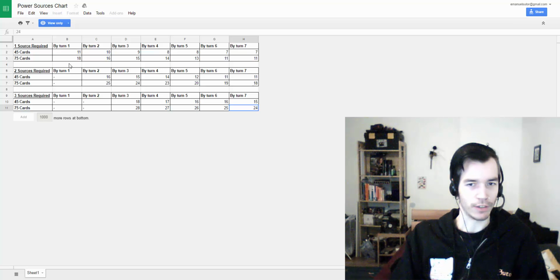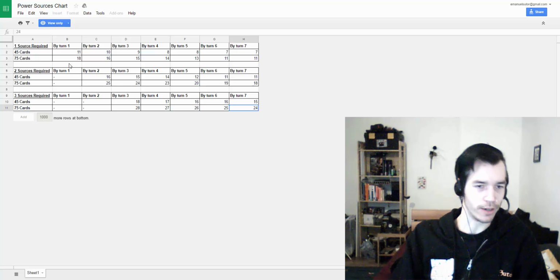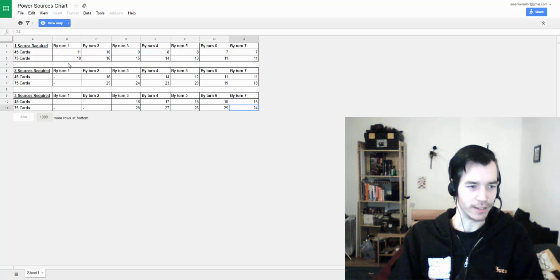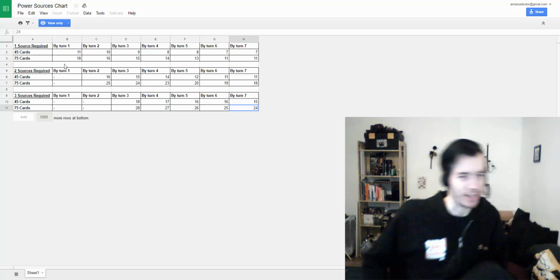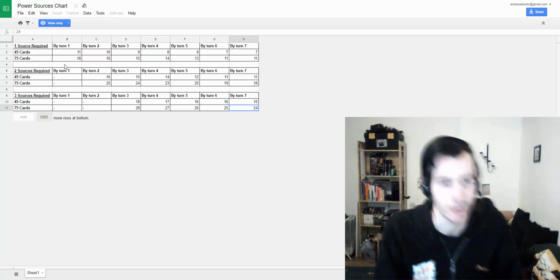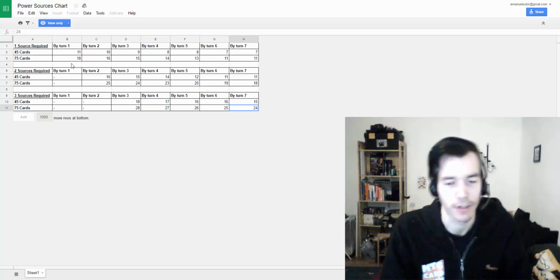Sure, sometimes for example you want a torch on turn 1, but you don't need a 90% chance to play your torch on turn 1. It's totally fine to have a 90% chance to use it on 2 or 3, because there won't be a situation where you need a torch on turn 1 90% of the time. It will be much less than 90% of the time that you actually even want to play your torch on turn 1. So that's something to keep in mind.